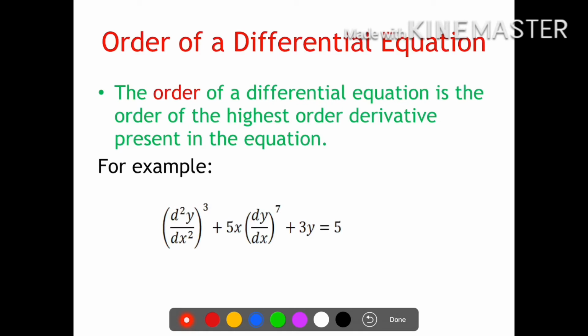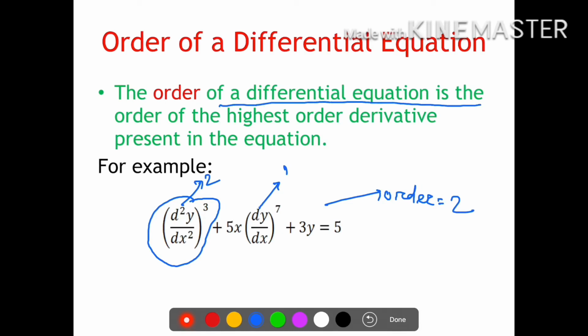As I told you, first you search: in the first term y is differentiated 2 times, and in the second term y is differentiated 1 time. Out of these, in the first term y is differentiated more number of times, and how many times? 2 times. That's why the order of this differential equation will be 2.